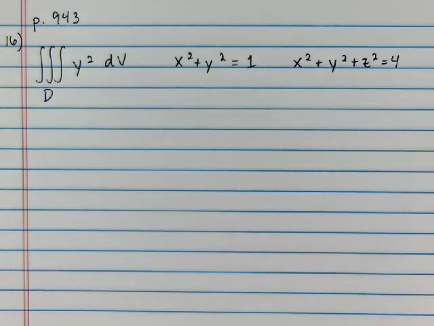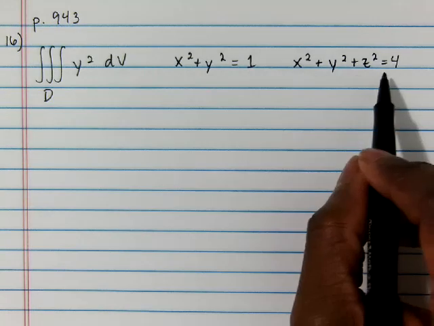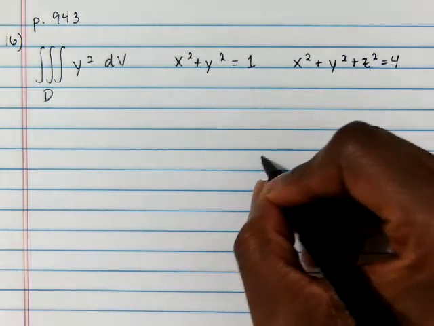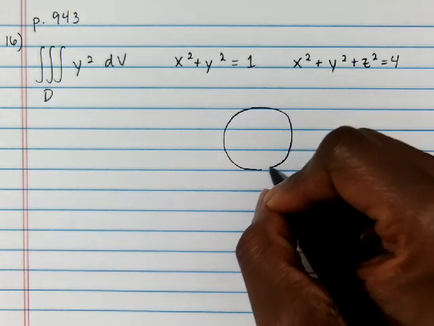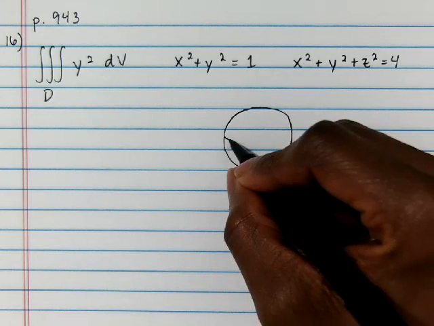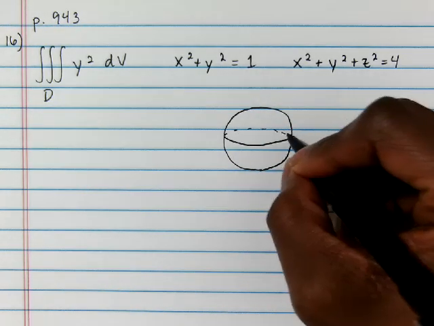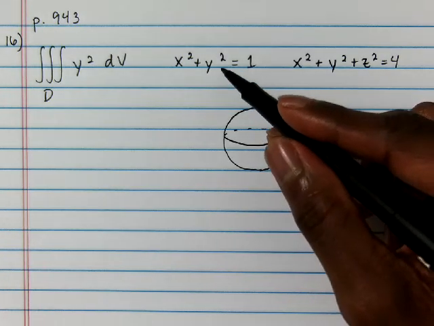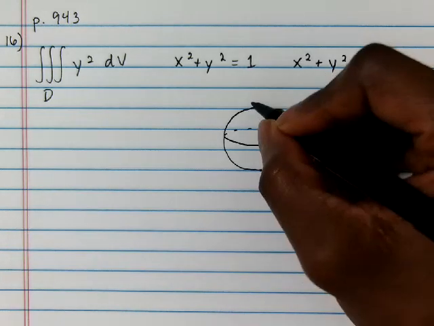So just because of the wording, I'm going to sketch this in 3 dimensions. So we have a sphere with radius 2 centered at the origin, and we'll just do a rough sketch of it. So we have the sphere there, and then we have a cylinder with radius 1 centered at the origin as well, that would cut through this sphere.